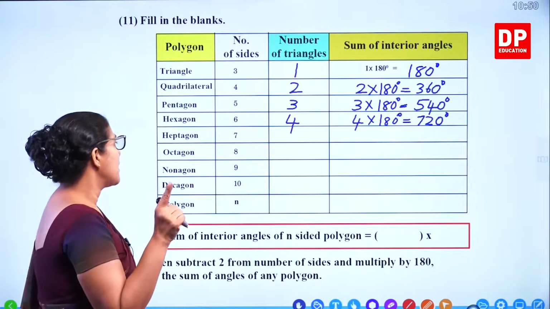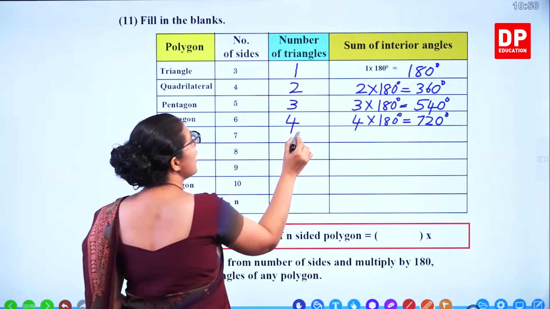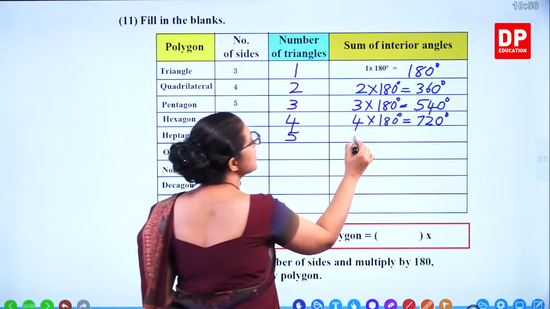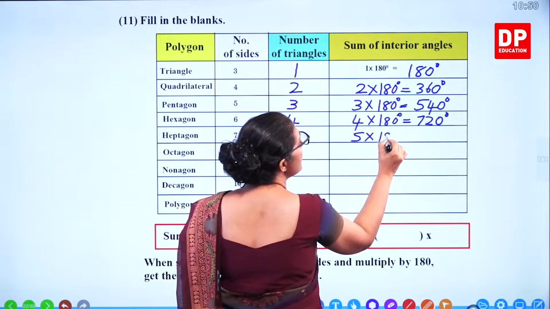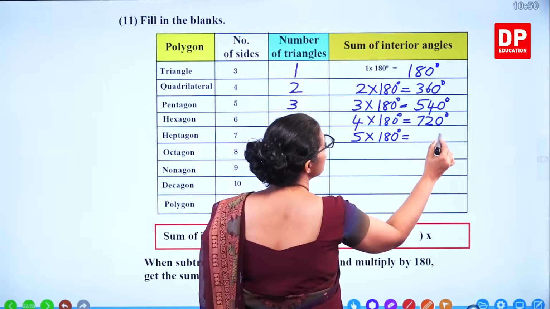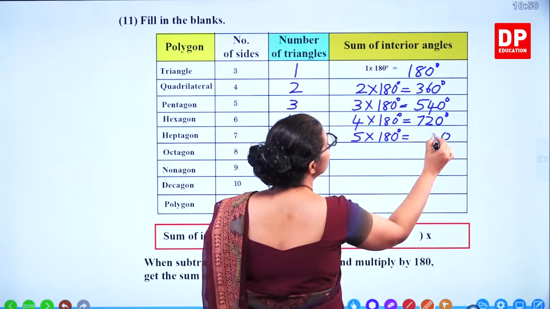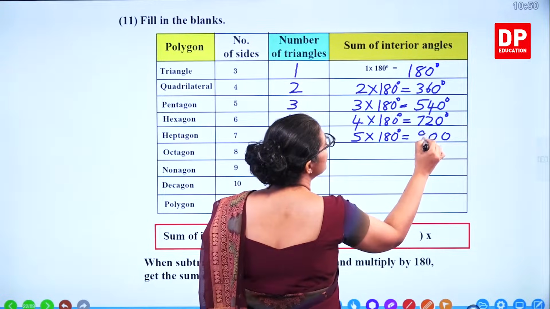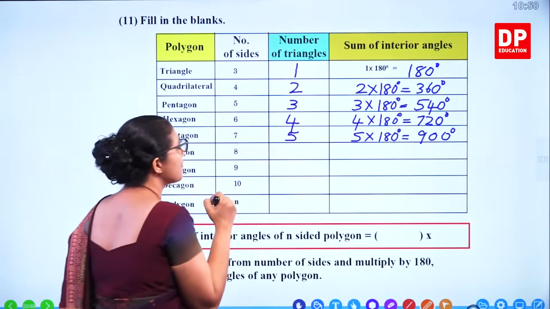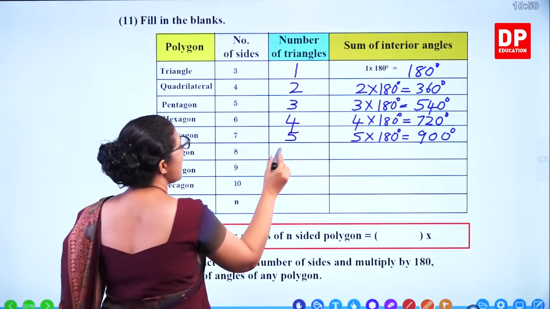Heptagon means a 7-sided polygon. You can get 5 triangles. 5 into 180, so 900 degrees. Octagon, 8 sides.